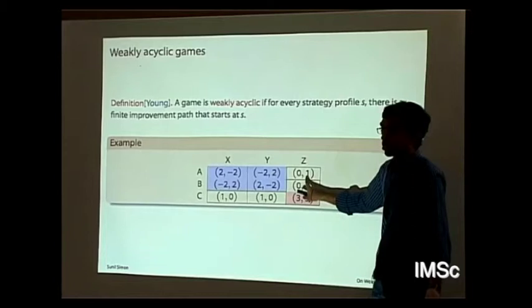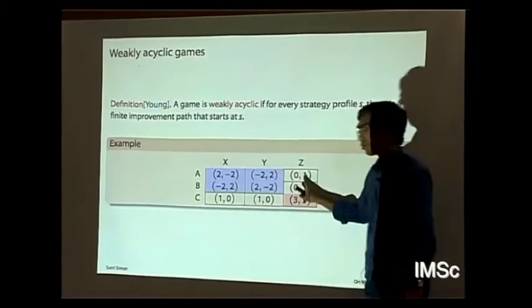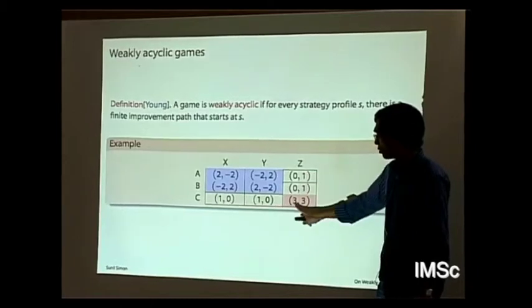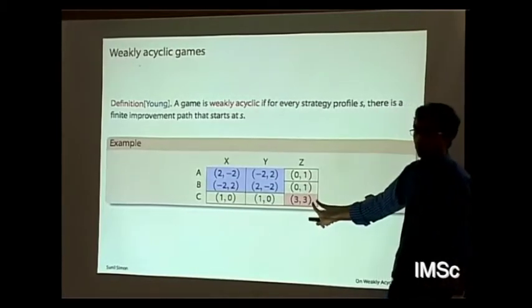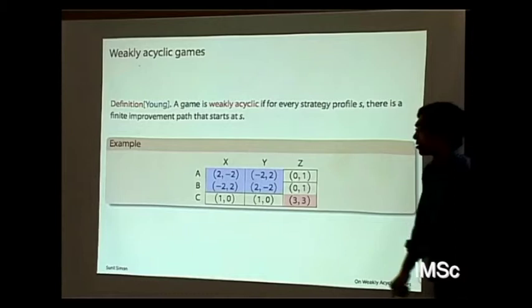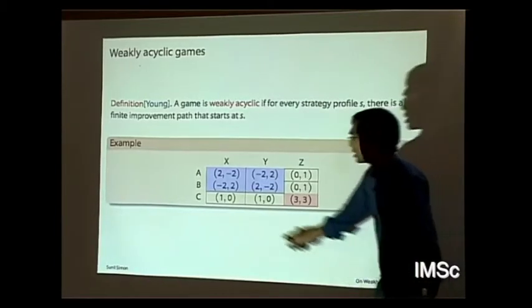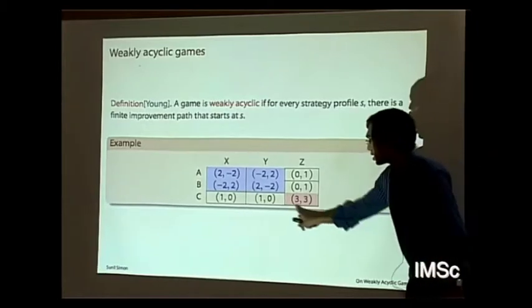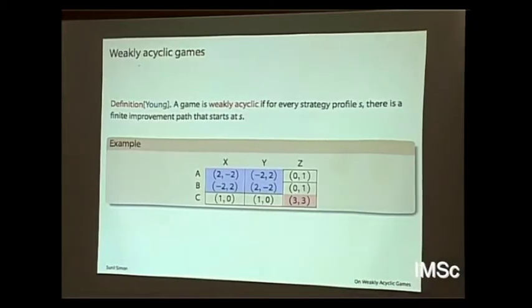It's not a best response, but player 2 can still improve to +1. Once he improves here, then player 1 can move to 3-3, which is the unique Nash equilibrium in this game. So this game is weakly acyclic because it doesn't matter which profile you start with, you can always end up in this unique Nash equilibrium 3-3.